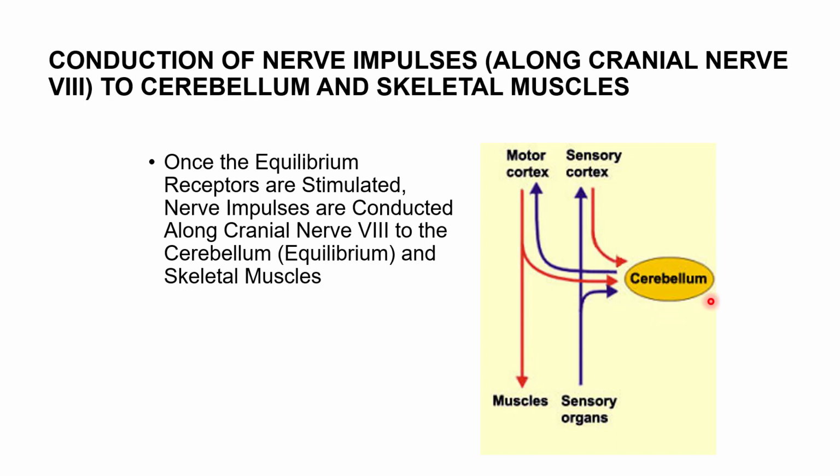Here the cerebellum is the seat for balancing all these inputs and output responses, like how much muscle tone has to be there, how much motion is tolerable, and how we maintain our balance with the help of the cerebellum. If cerebellar function is not intact, we would not be able to maintain our posture, equilibrium and balance.